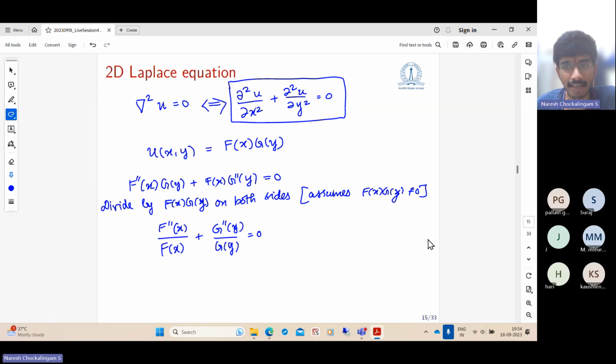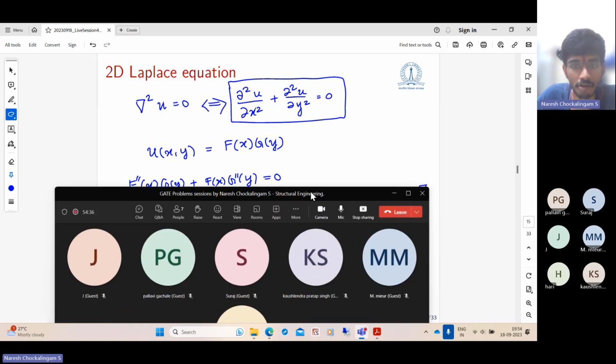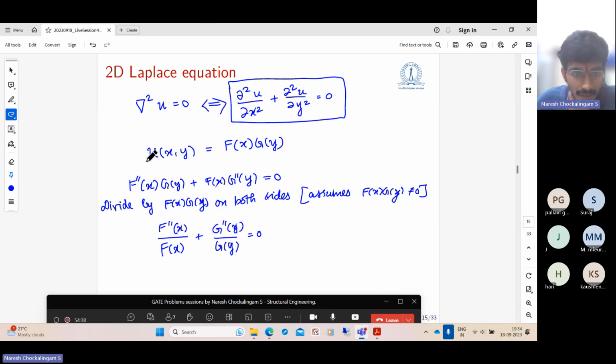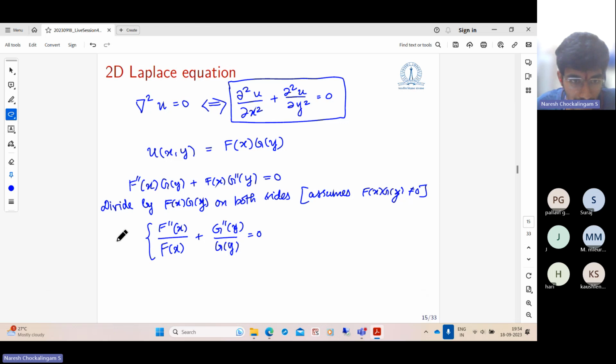Can you see something here? Do you get any idea here? How do you solve this? You have one term that depends only on x, and this term depends only on y. So both of them are equal to some function.